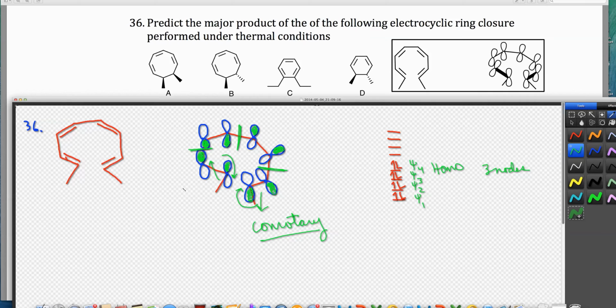And of course, the way the electrons are going to move will be as follows. So you're going to trade one of your pi bonds for a sigma bond. So we have 3 pi bonds, and I messed that drawing up. Let's fix that.